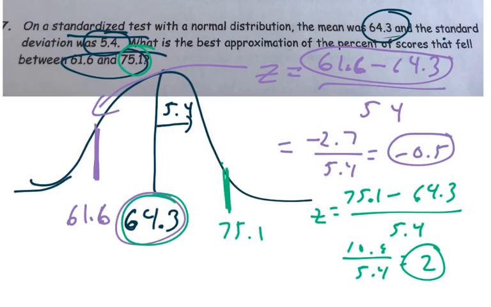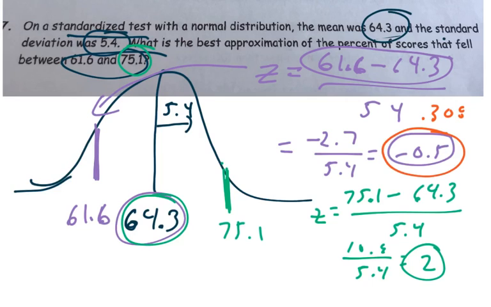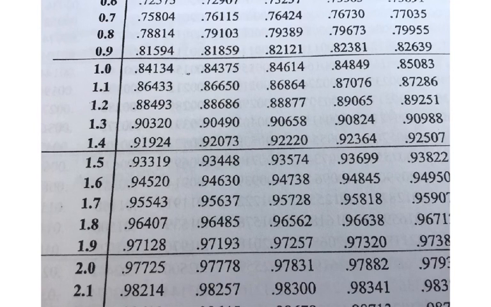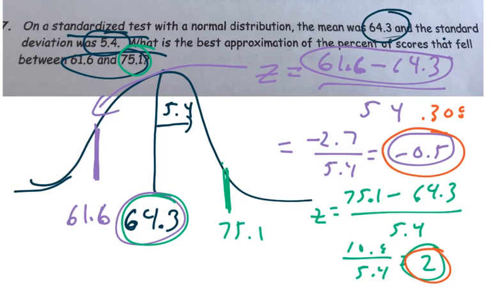So we know that this z-score right here is 0.308. Boom. Now let's look up the positive 2 z-score. And as you can see right here, the first value is positive 2.00. And again, I'm just going to use the first 3 digits, 0.977. So we know that this one came out to be 0.977.